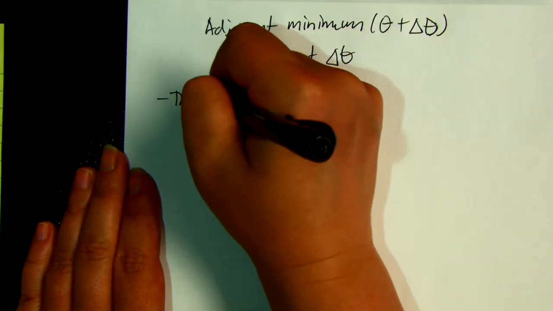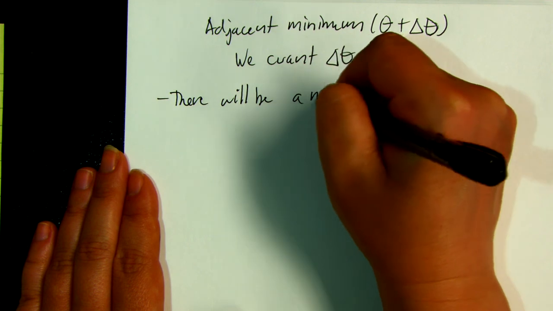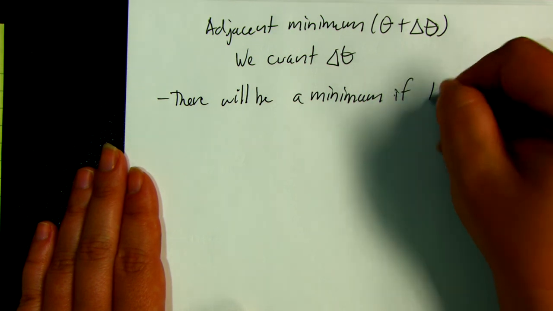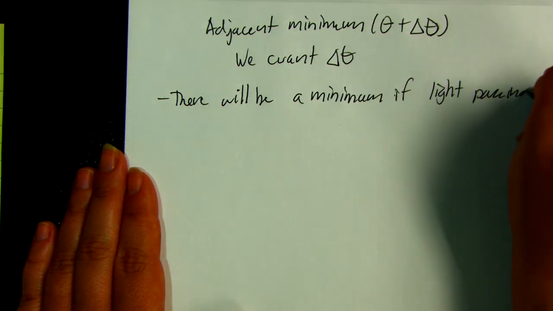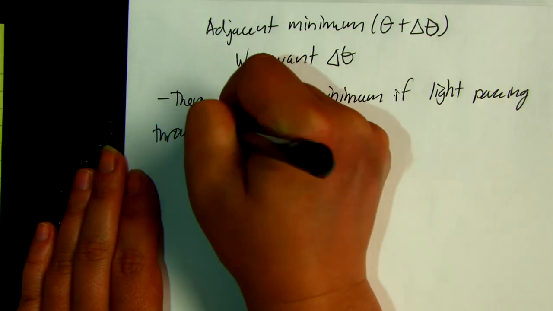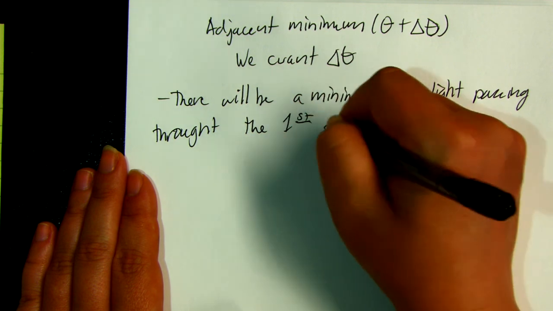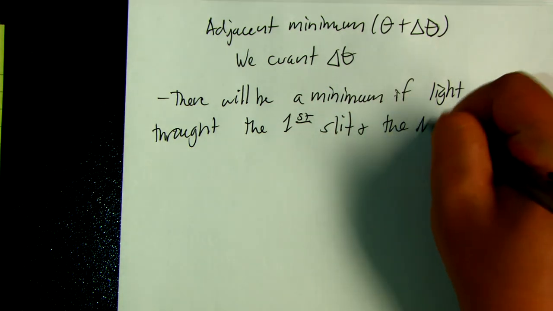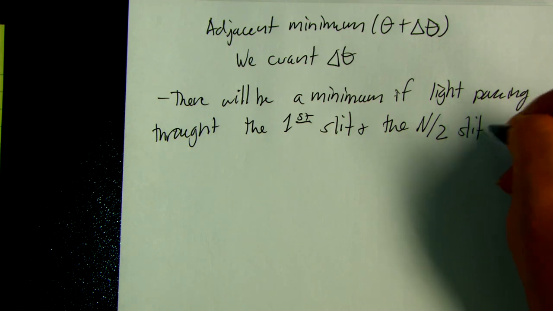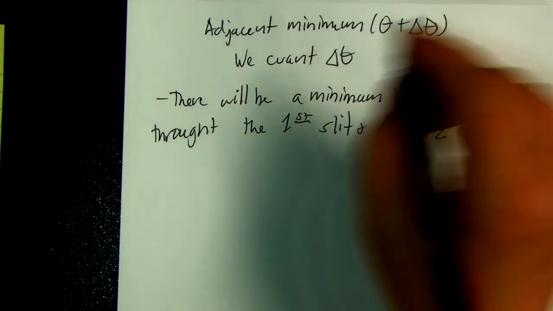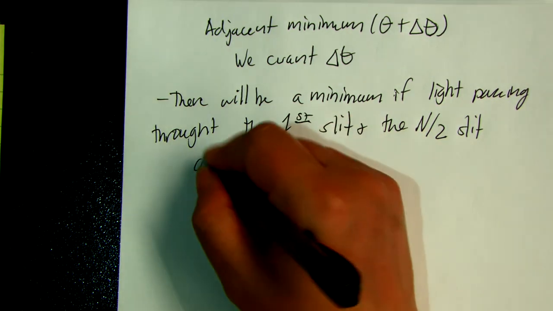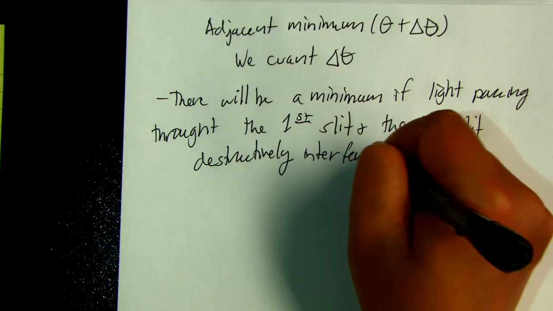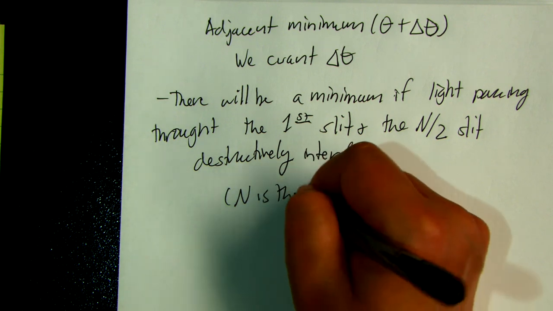There will be a minimum of light if light passing through the first slit and the n/2 slit destructively interfere. So n is the total number of slits.